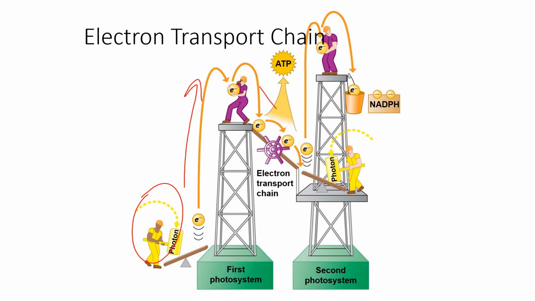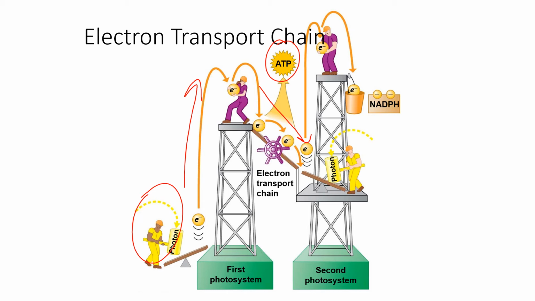As the electrons are coming down, they release a bunch of ATP. Think of it as an analogy: they are coming down a hill, and the hill has a turbine, which you can think of as the ATP synthase. The more the electrons fall down, the faster the turbine, the ATP synthase, spins, releasing a bunch of ATP.